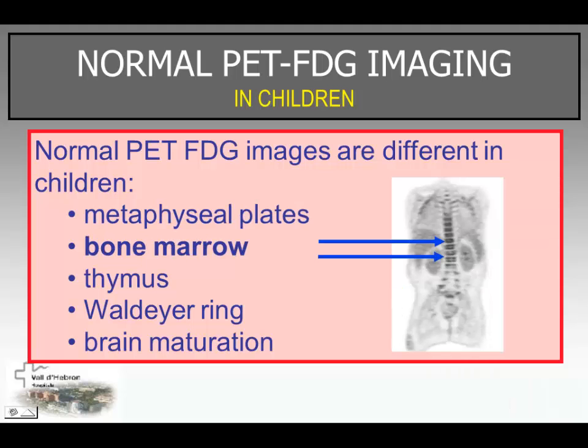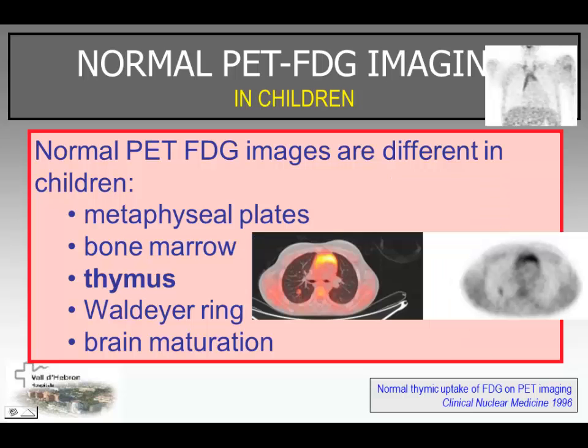The bone marrow activity, remember that like for the gallium images previously, the bone marrow activity is higher in children than in adults. The thymus can show very often, especially after chemotherapy, a very high uptake. And a tricky point is to look at whether this uptake is diffuse or multinodular.